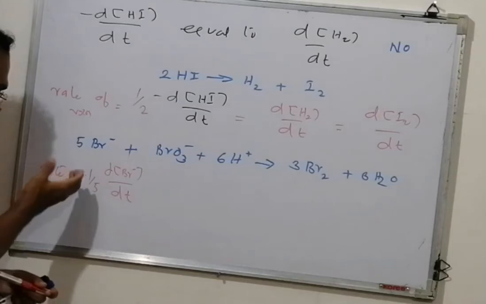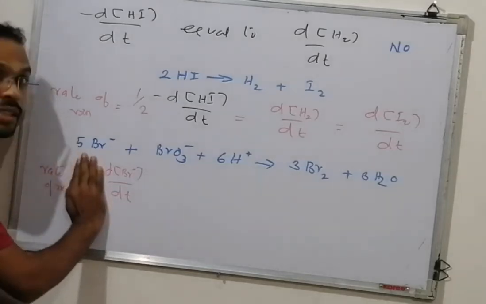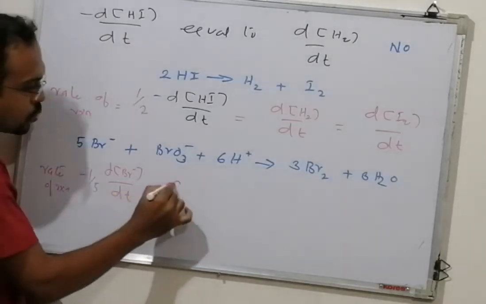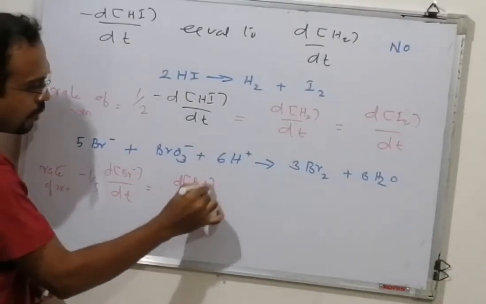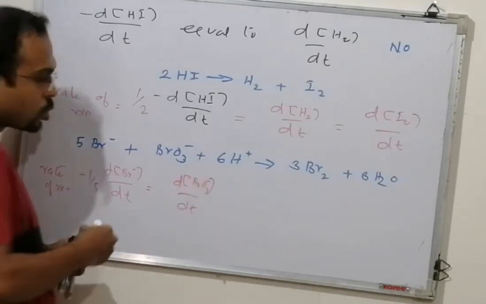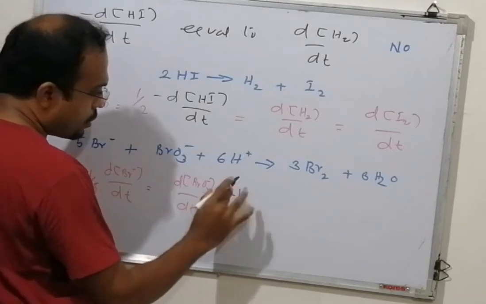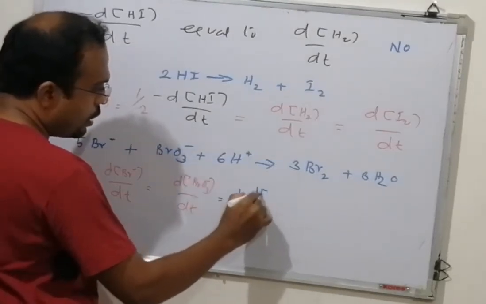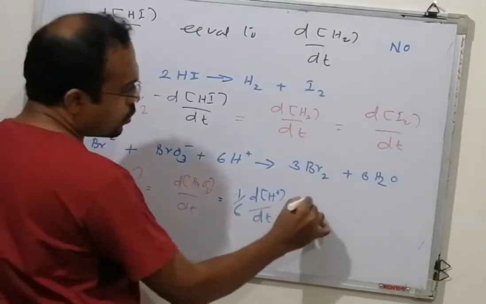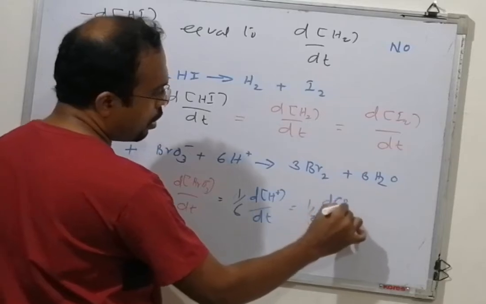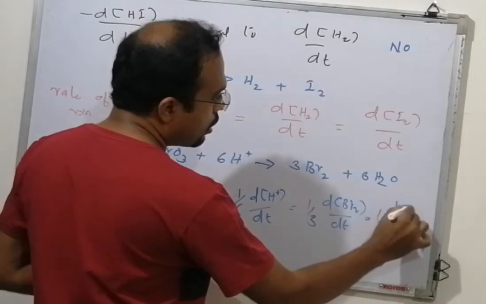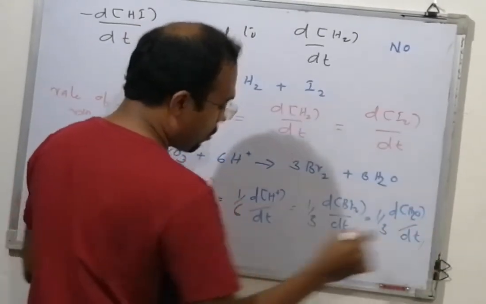This is the rate of change of Br minus, which is equal to minus d[BrO3 minus] by dt, which is equal to minus 1 by 6 d[H plus] by dt, which is equal to 1 by 3 d[Br2] by dt, which is equal to 1 by 3 d[H2O] by dt.